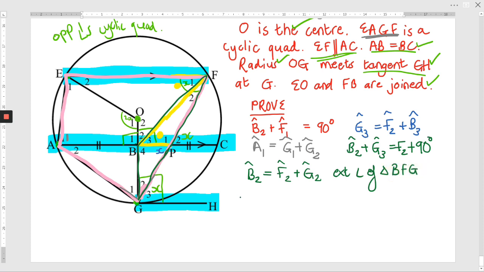Okay, how does that help? Well, F2 is in there somewhere. Let's look at where we can get G3. G3 works with a 90 and G2. So I'm going to say G2, repeating G2 there, plus G3. Those guys give me 90. That was my tan rad.